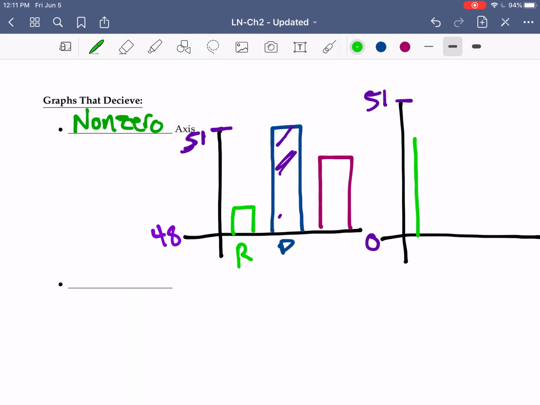That height would be about maybe here for the Democrat group, going to here, and then for the independent group.